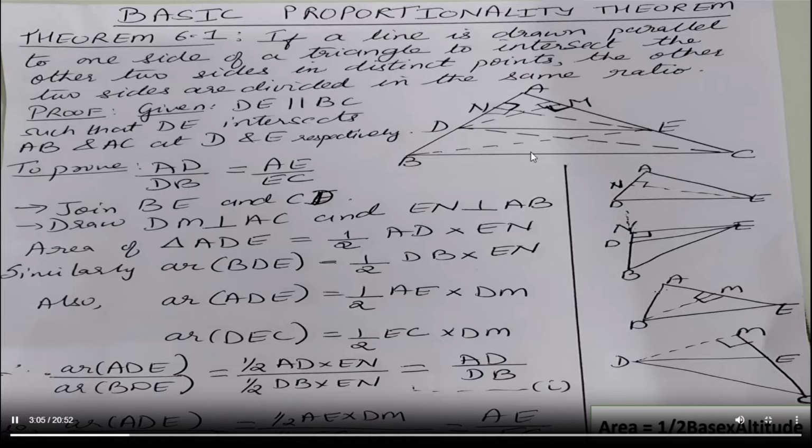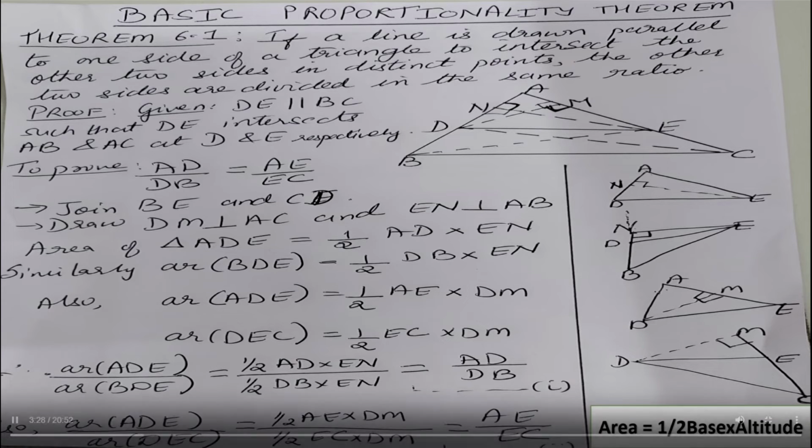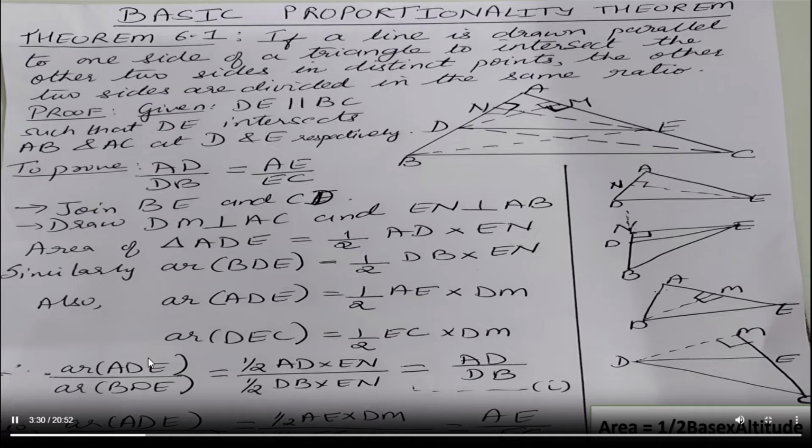Similarly, area of triangle ADE is equal to half into AE, which is the base, into DM, which is the perpendicular. And area of triangle DEC is equal to half EC into, again, the perpendicular over here, DM. Now we have these four areas. So let us find the ratio of area of ADE upon BDE.